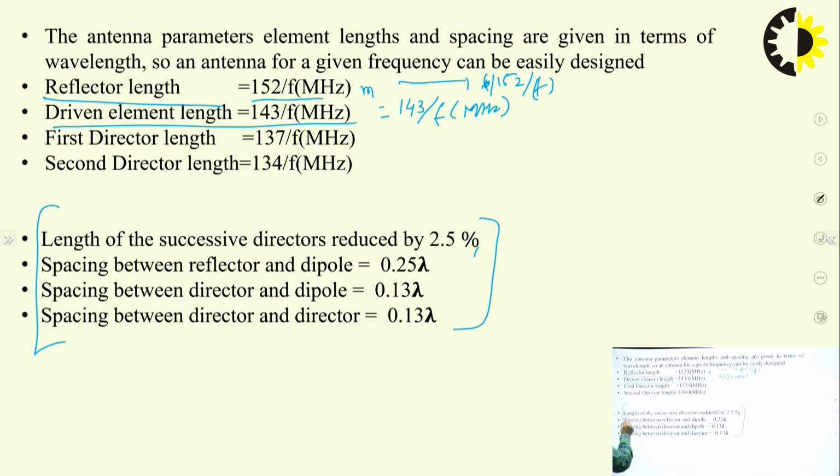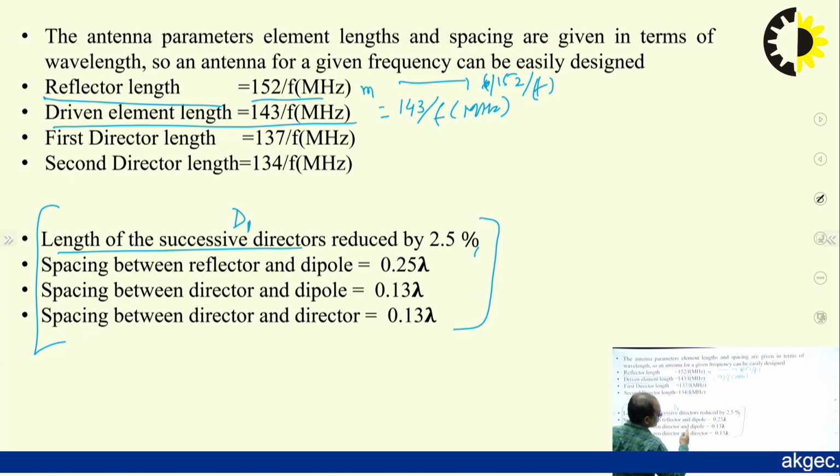So length of the successive directors means length of D1, D2 or D3, the successive directors, is reduced by 2.5%. Clear?